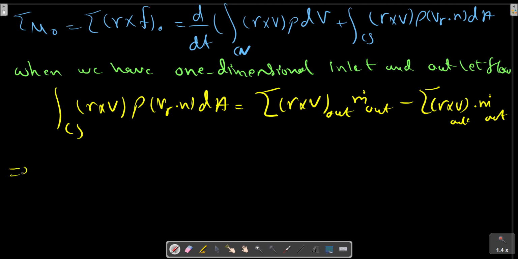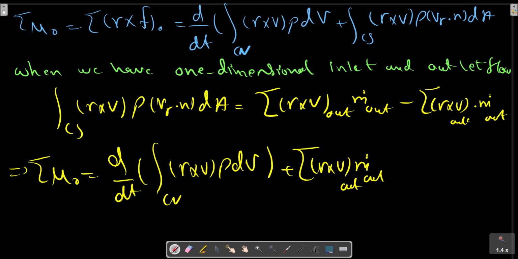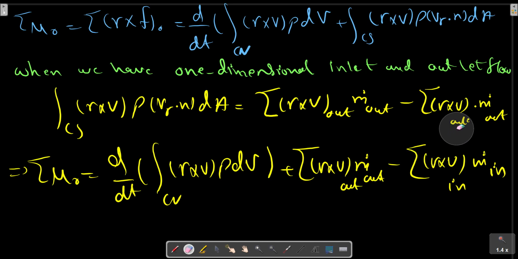So we can write the Reynolds transport theorem in terms of m dot in. Let me make a correction here.